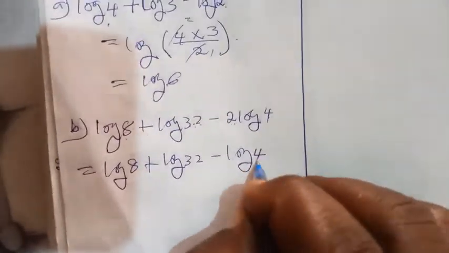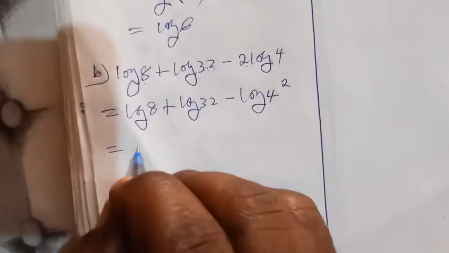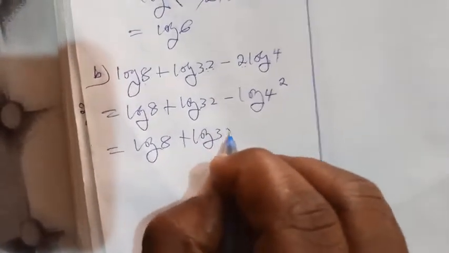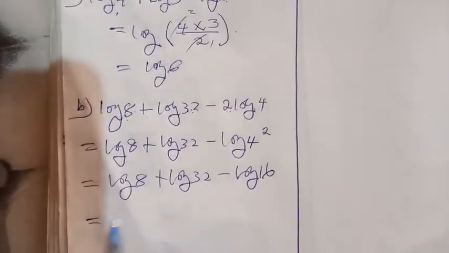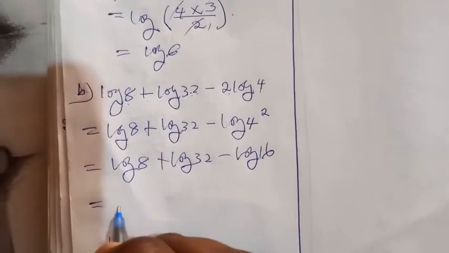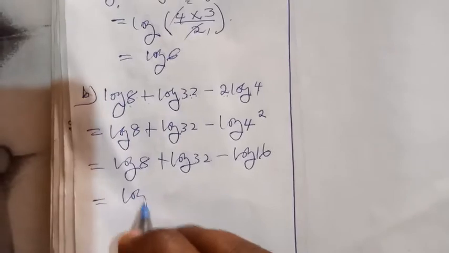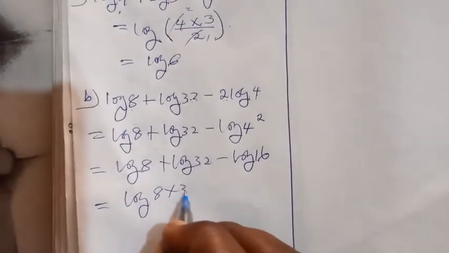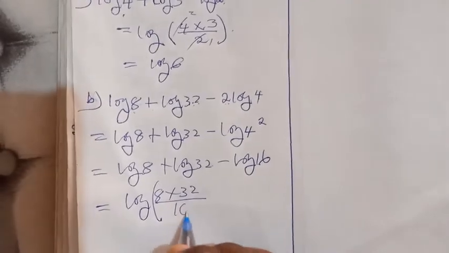So it's going to be 4 raised to power 2. 4 power 2 alone is what? This is log 8 plus log 32 minus log 16, because 4 power 2 is 16. And so we can have this as a single logarithm. Now between this and this is multiplication, so I can have 8 times 32 as a single logarithm, everything divided by 16 now.